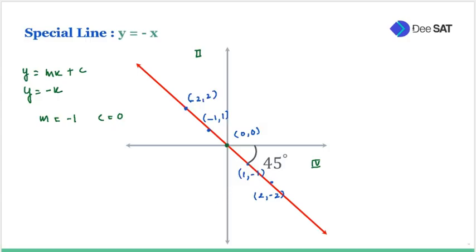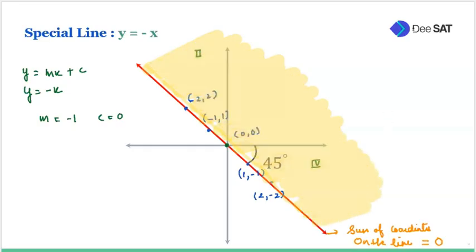Now, the speciality of the line does not stop over here. You can say that for any point you choose on the line, the sum of the coordinates is equivalent to 0. Now, observe this. For example, I'll make a region above the line, this region, and there will be a region below the line.